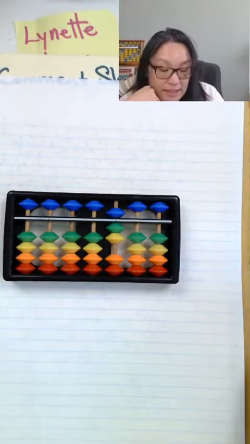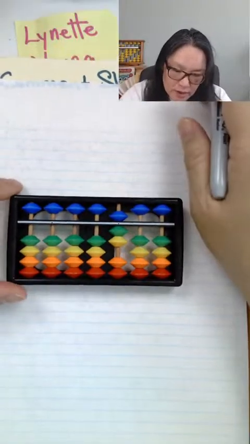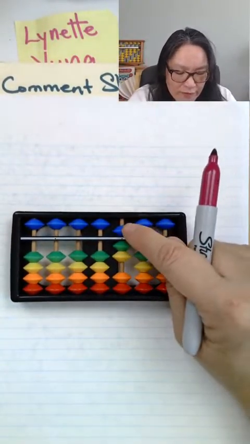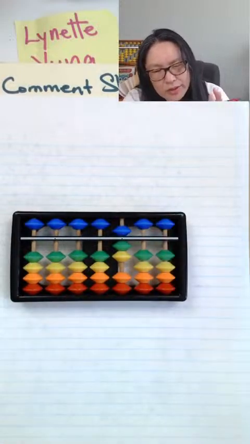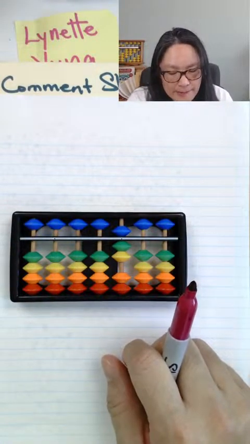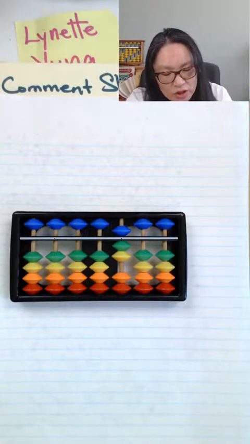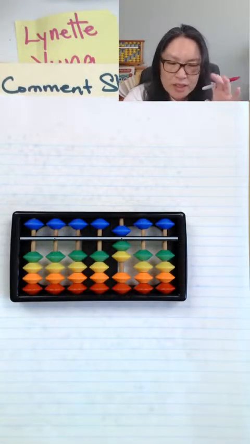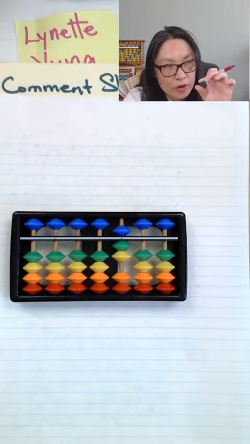But now the next thing is when we make a 10. I wouldn't use that as a rule, because when you start getting to the bigger numbers, you have to kind of keep track of where your numbers are.